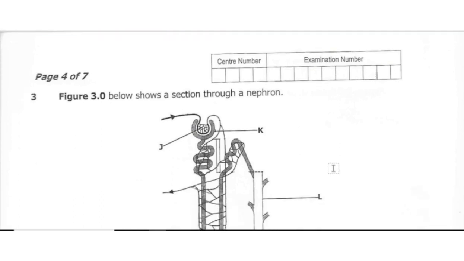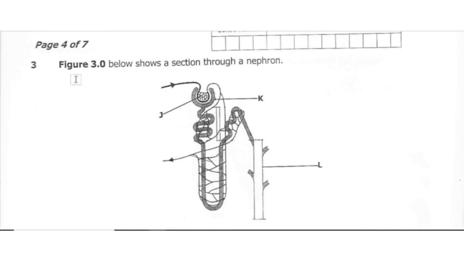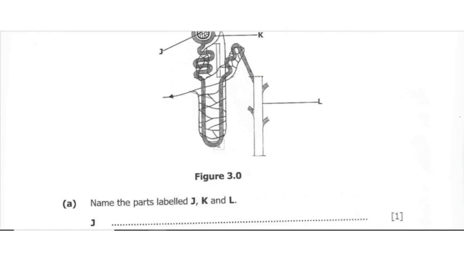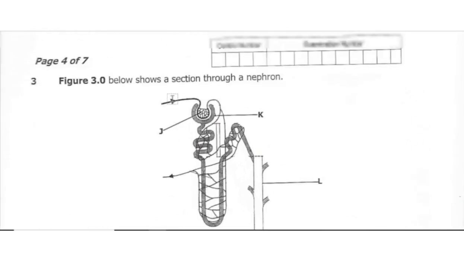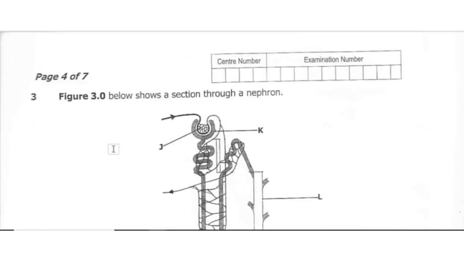We come to question 3, which is figure 3.0 below showing a section through a nephron. Okay, so this is the nephron. Like I said earlier on, I'm not going to be labeling these parts because I'll do the same thing twice.